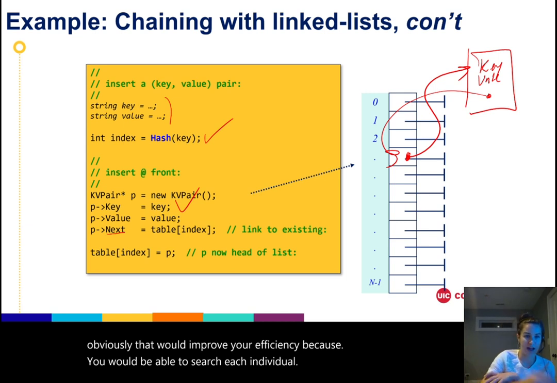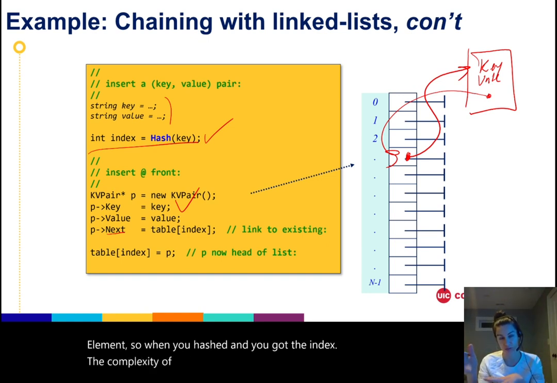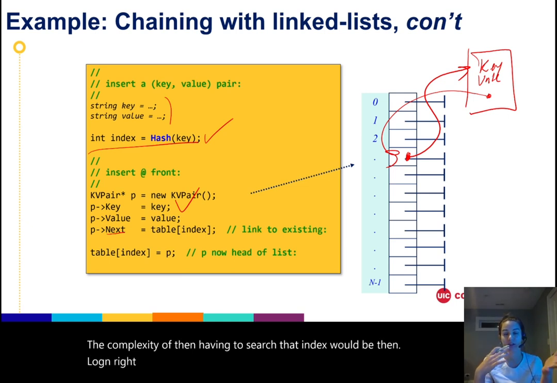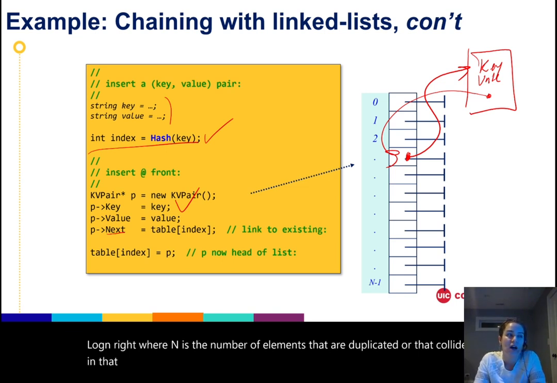So when you hashed and you got the index, the complexity of then having to search that index would be log n, right? Where n is the number of elements that collide in that location. So that can also help, having hash tables that have other structures behind them.